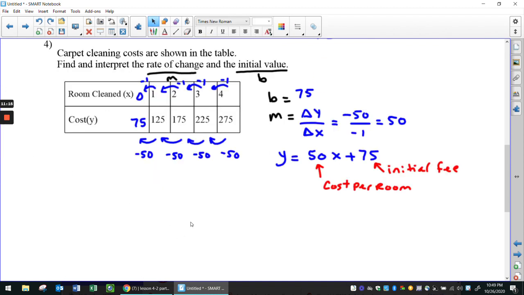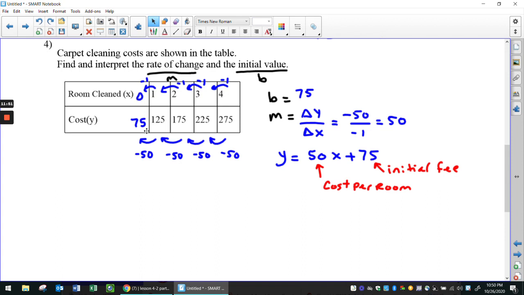Okay, so here we are. We're showing you here how the increments of the change in y are happening. 275 to 225 is decreasing by 50. 225 to 175 is again decreasing by 50, and so on. In order for us to find the y-intercept, we need x, the number of rooms getting cleaned, to be 0.